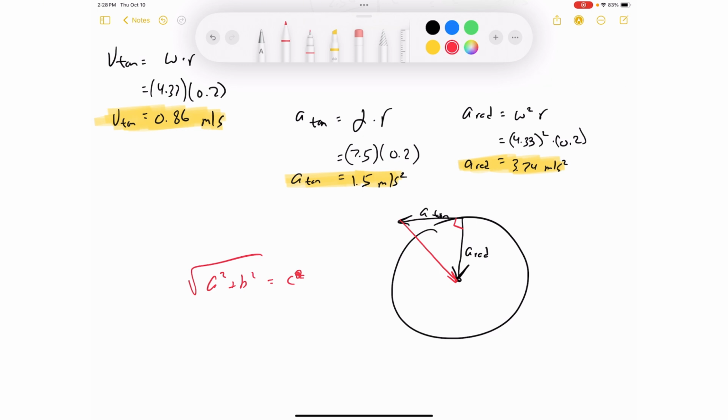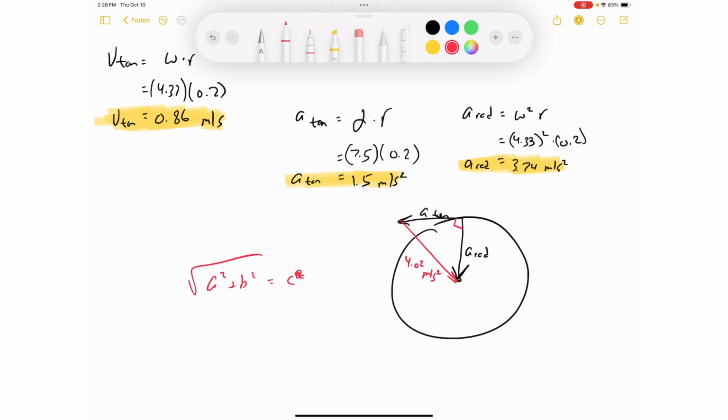If you do that, you'll end up with 4.02. So this is 4.02 meters per second squared. That's not the tangential or radial, because those are just the components of the vector. That's the overall magnitude of the acceleration.